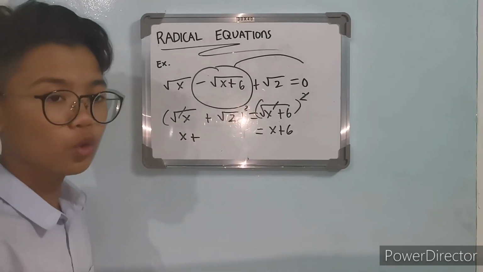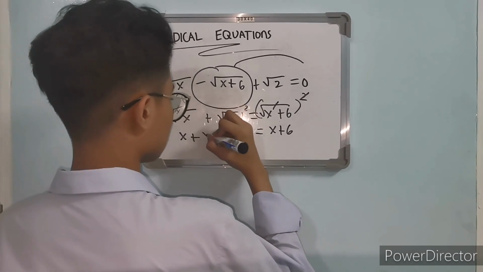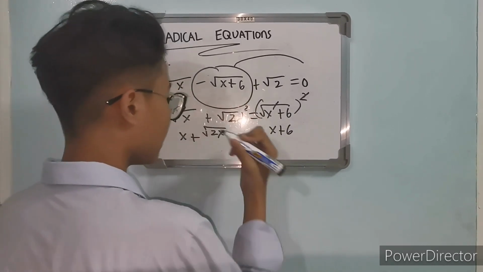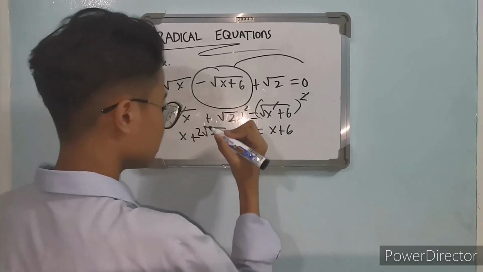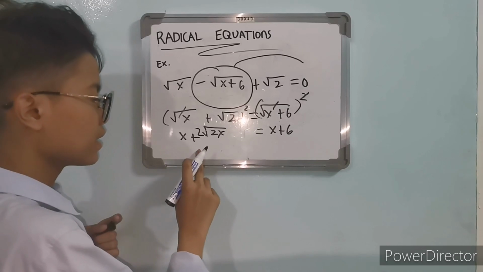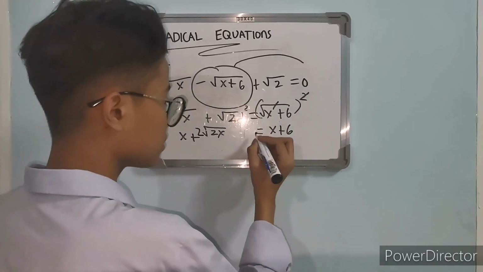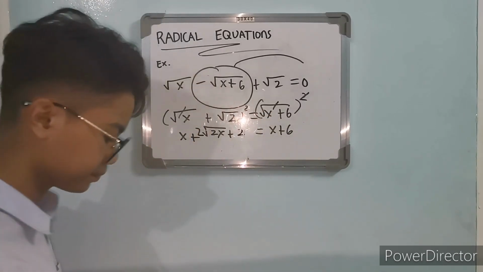So it's going to be square root of 2x. But we need to multiply by 2. So it's actually gonna be x plus 2 square root of 2x is equals, and we need to square this 2 plus 2.